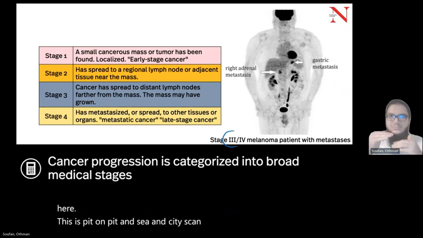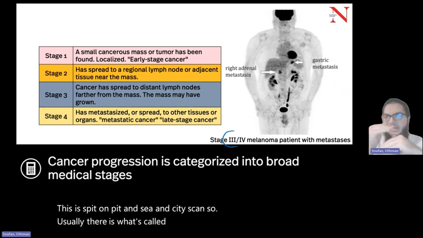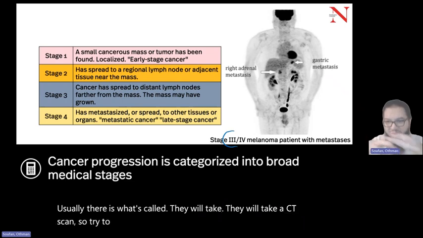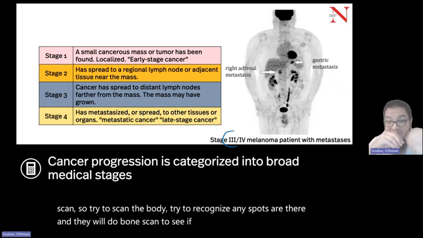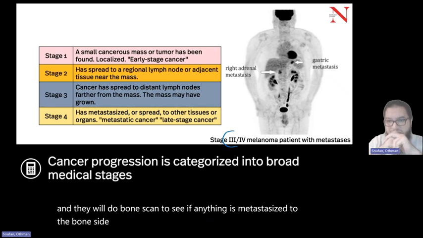Usually they will take a CT scan, to scan the body and try to recognize any spots, and they will do a bone scan to see if anything has metastasized to the bone, and so on and so forth.